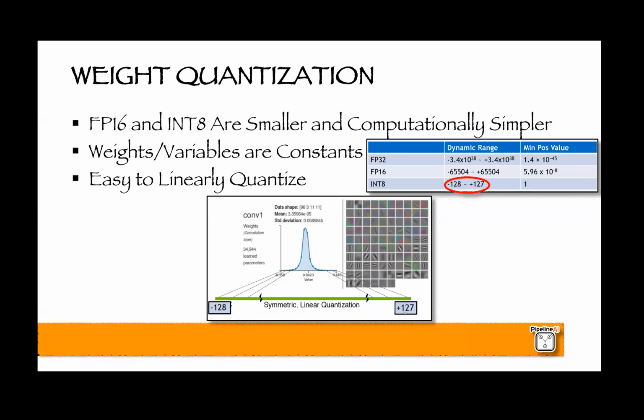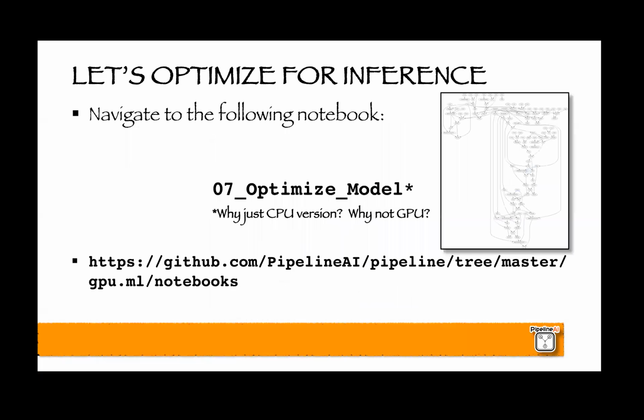What we're doing is shrinking. Floating point 16 will linearly shrink them into negative 65,000 to positive 65,000. If we get even crazier, we can go to int 8, and each value of our variable now has to fit between negative 128 and positive 127. It's still the same distribution, but we're just simplifying.